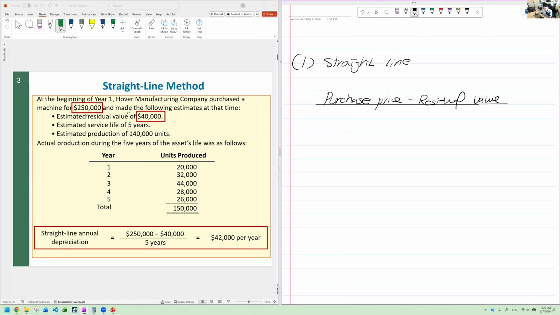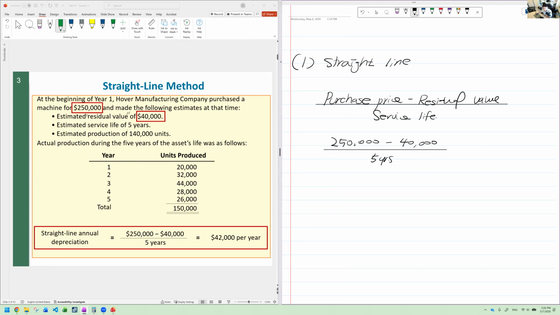And then in the denominator, we are going to use service life, the number of years or periods the company is planning on using the asset for. So in this case, purchase price $250,000, and residual value after using it for 5 years, $40,000, and then we're going to divide it by 5 years of service life.